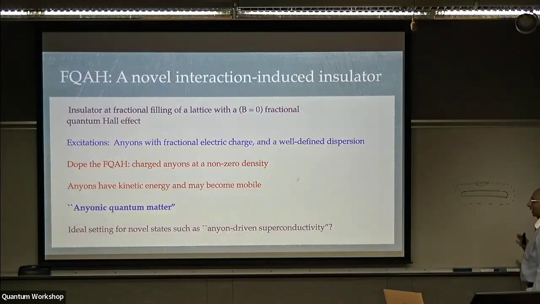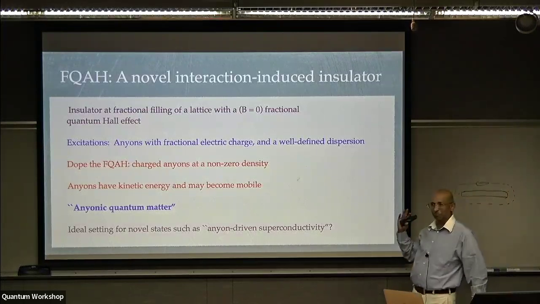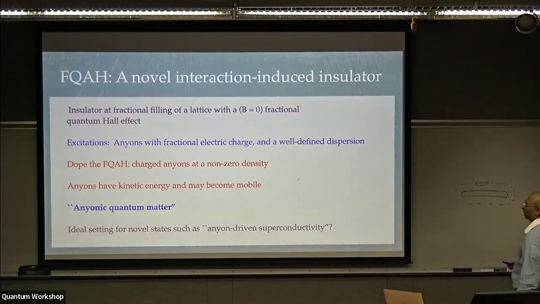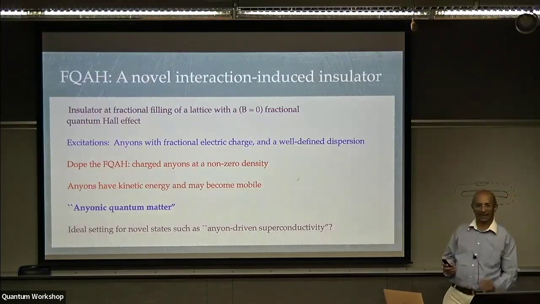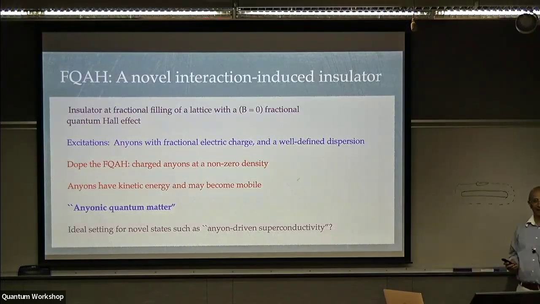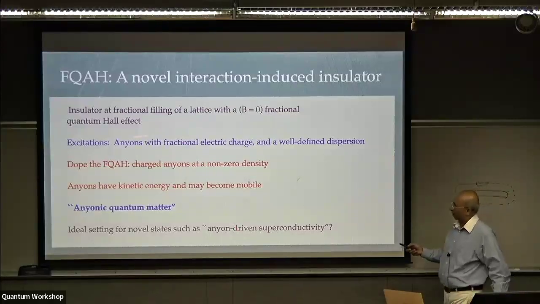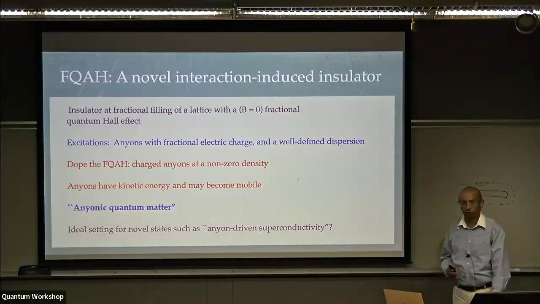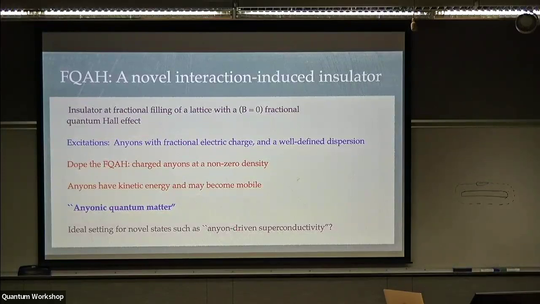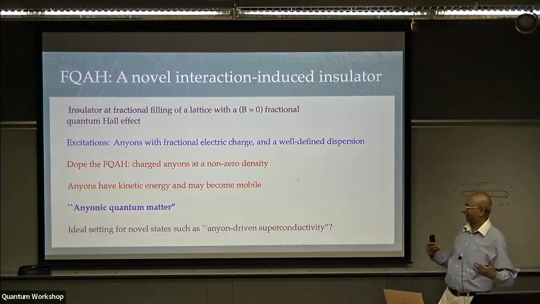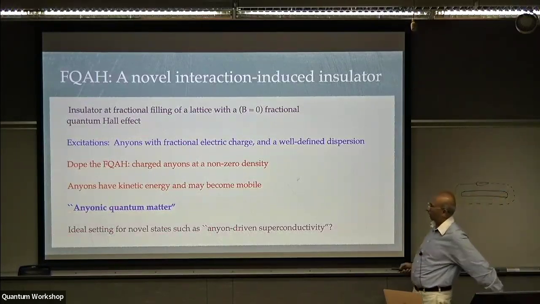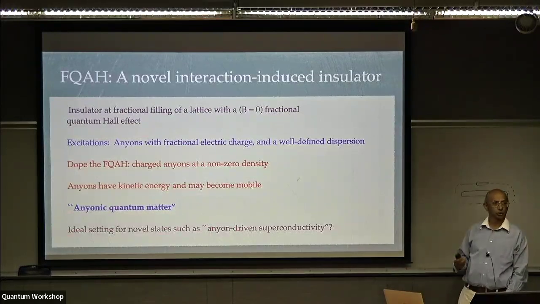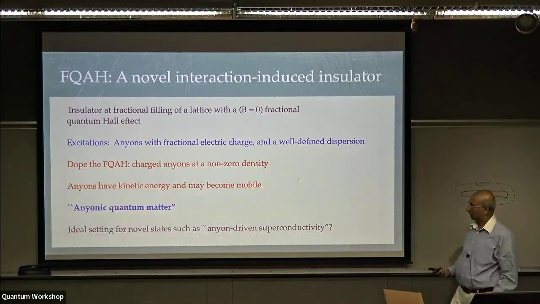Right? But I want to contemplate a more natural and more interesting scenario where when you dope the state, it's the excitations of this state that get doped in, right? And the excitations of the state are charged anyons. So now we have charged anyons at a non-zero density. And since anyons have a kinetic energy, they could potentially become mobile and not get localized. And then we have to study the problem of what a fluid of anyons does at low temperature, right?